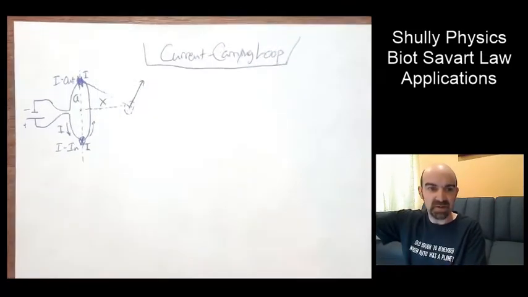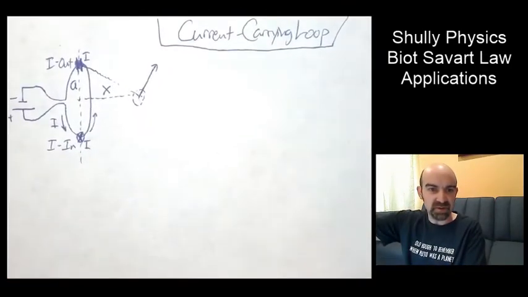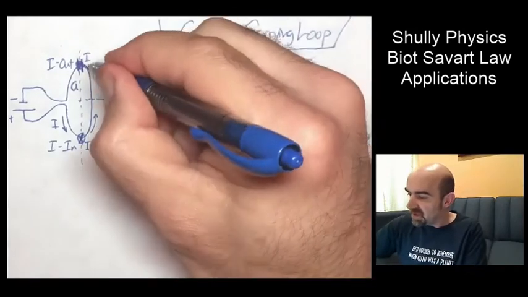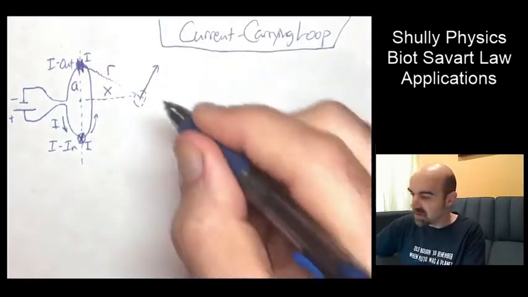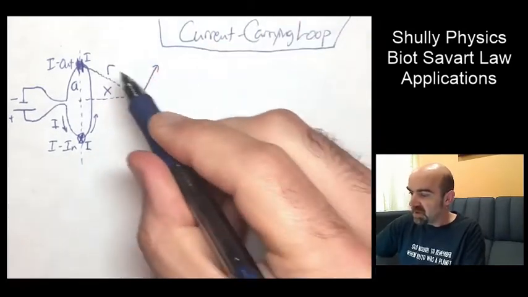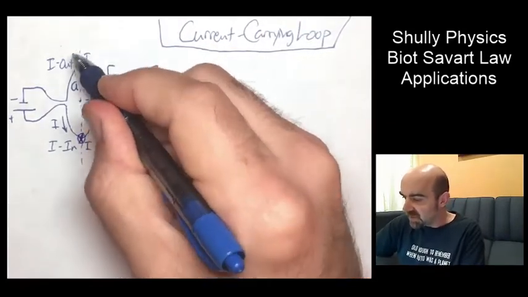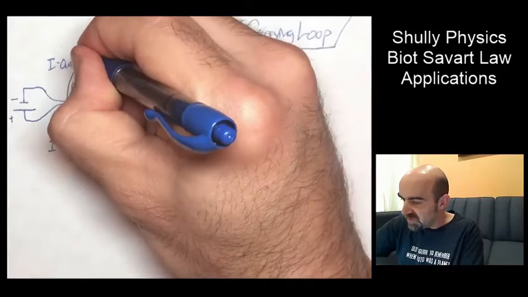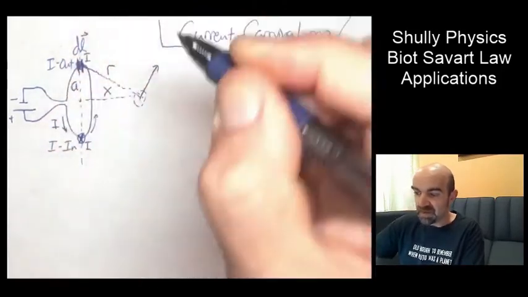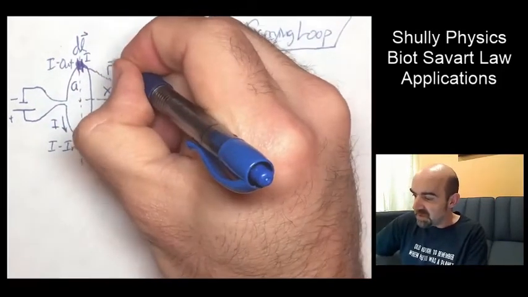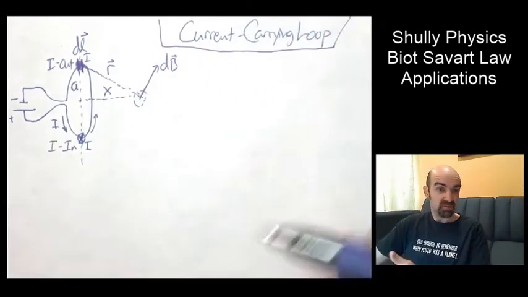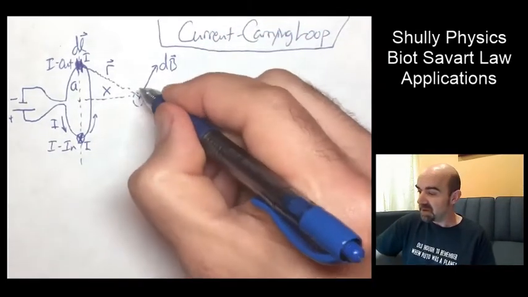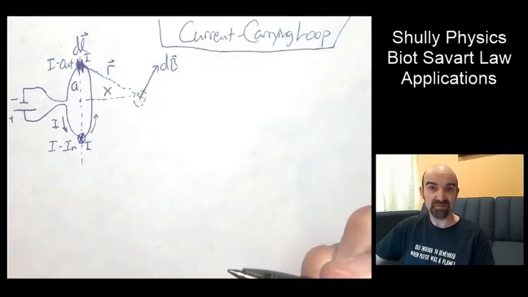Let me zoom that in because it's difficult to see in this video. If this is r, a distance r from that little segment, this little dl up here, there's a little dB, a piece of that total magnetic field, going off in this direction.